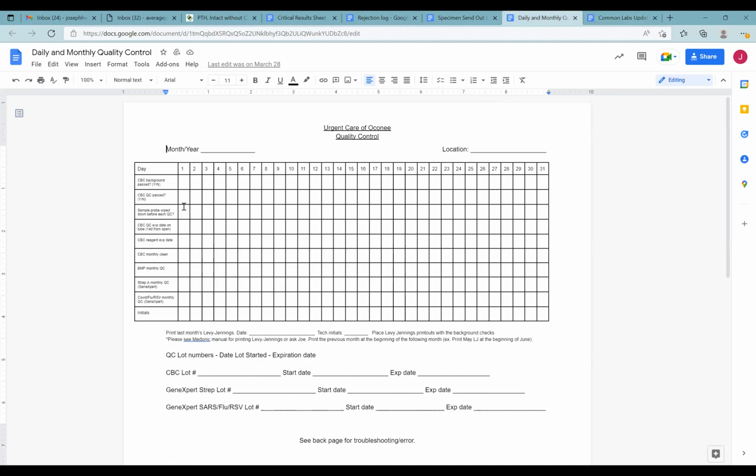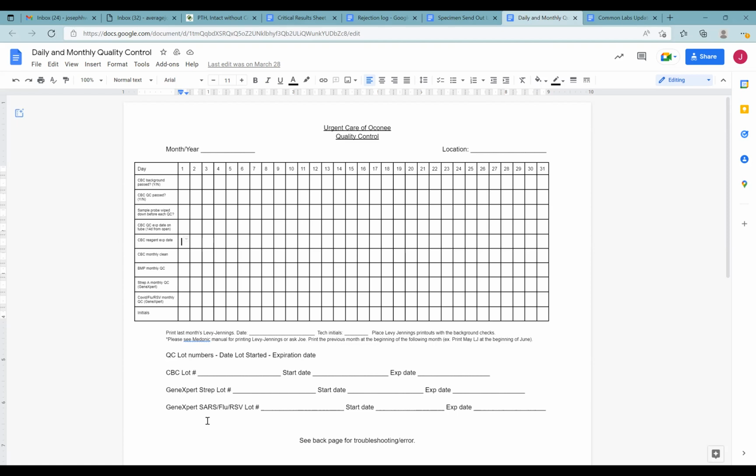Running through a few more things real quick. Just make sure you're filling out all the logs daily. A CBC tube expires 14 days from open, so make sure you write that down. And then the reagent expiration date, you should write the date in these. It's just a check to make sure that we're changing them out when we need to, but it's 90 days.